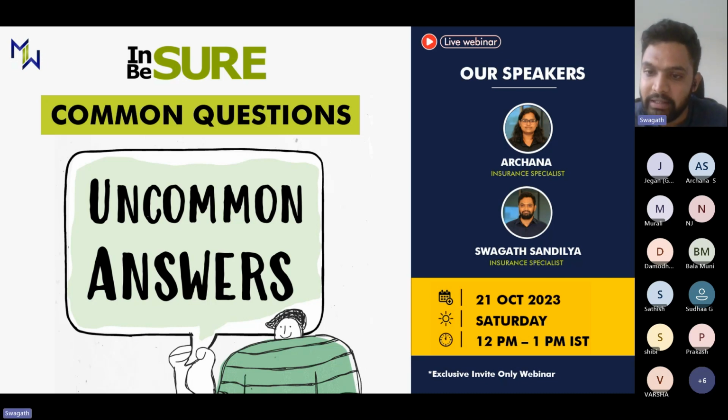Do we have any medical insurance for cancer treatment? Unfortunately, the answer is no, or we will have to check. Because cancer treatment comes under critical illness, no insurance company is ready to give any insurance policy.